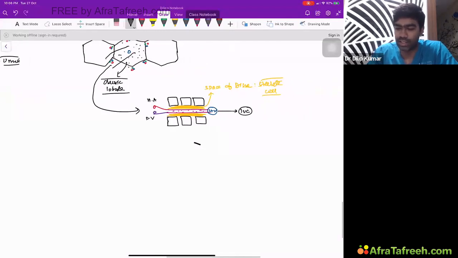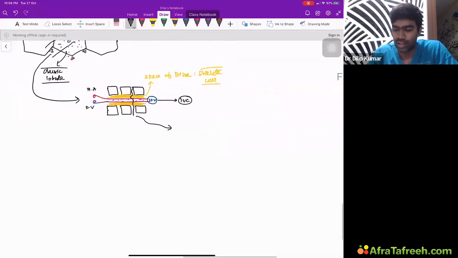So why? Because the stellate cell is the one that basically, what is that? It's the one that's going to manage the sinusoids. It's going to regulate the sinusoidal blood flow. And at the same time, it's the one that regulates the hepatocyte function as well to a large extent. So if you want to see how it works, take a cut section here.